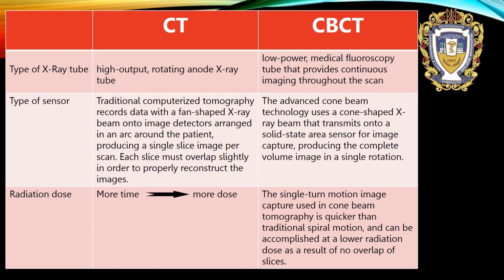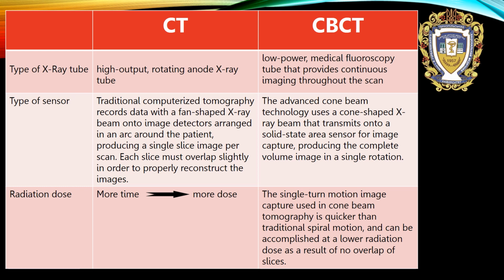Each slice must overlap slightly in order to properly reconstruct the images. Cone beam CT instead uses a cone-shaped X-ray beam that transmits onto a solid-state area sensor for image capture, producing the complete volume image in a single rotation.